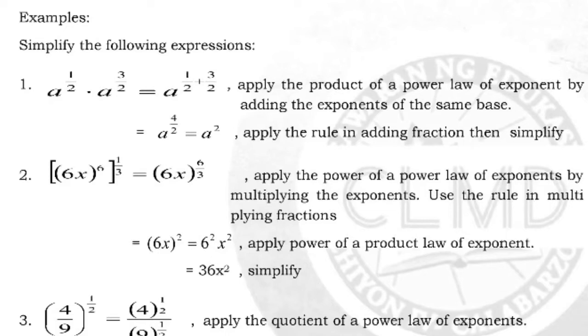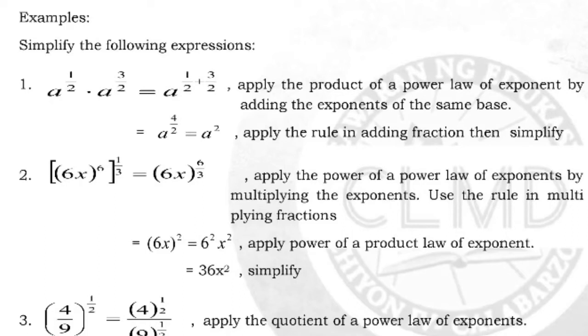The denominators are the same, 2, so they are similar and we can simply add the fractions. 1 half plus 3 halves is 4 halves. So the result is a to the power of 4 halves. Then 4 divided by 2 is 2, so our answer is a squared.